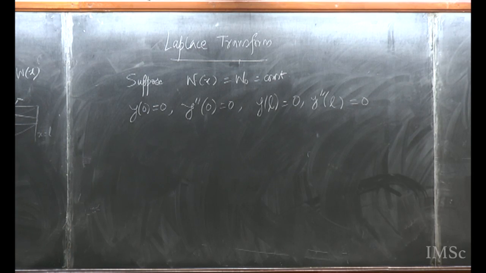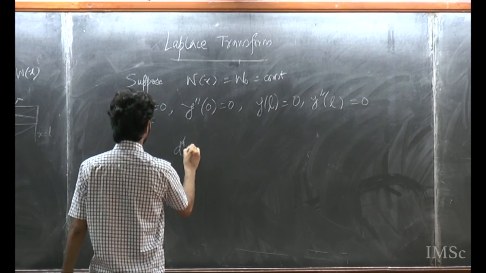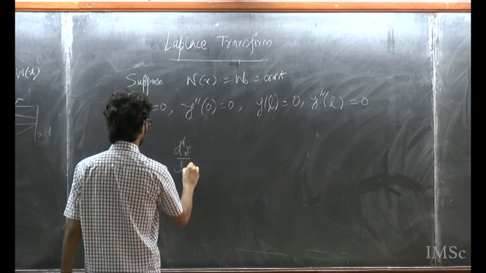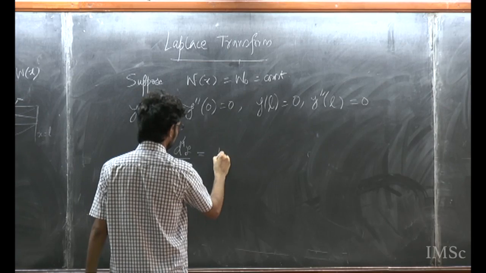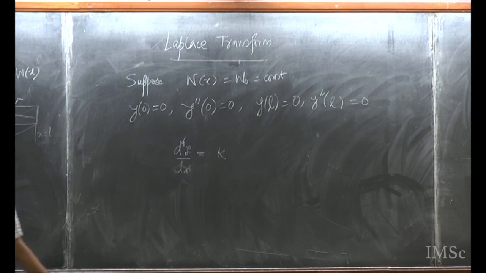So let's try to apply Laplace transform technique to this. So what do we have? We have d4 y over dx4 equals some constant k. This is a constant, this is a constant. So we have some constant k.